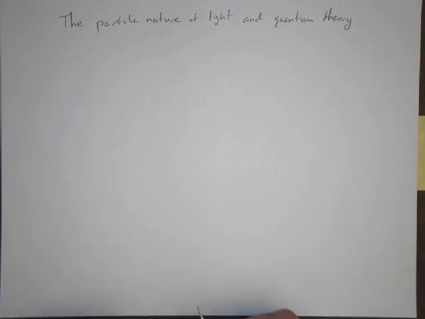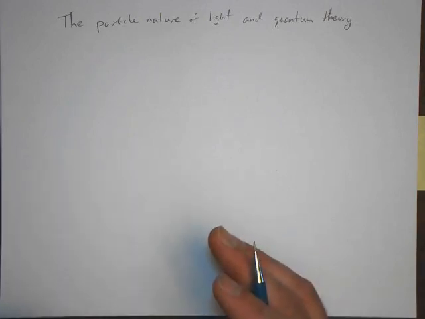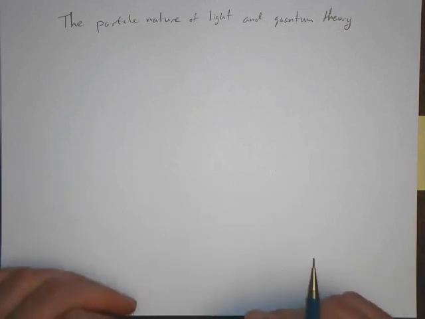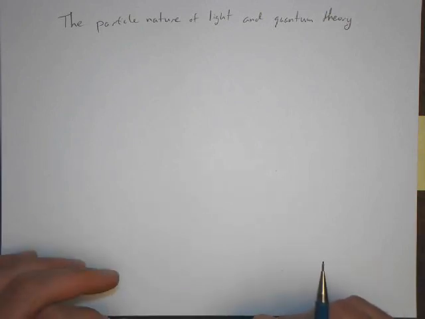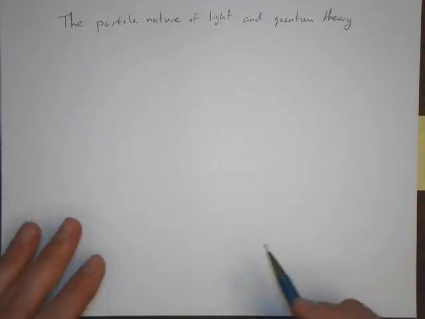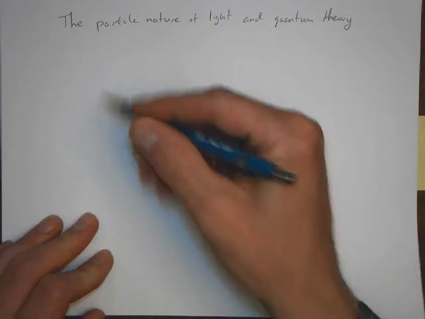And a number of researchers, including Max Planck and Albert Einstein, said we can explain some of this by saying that light can also act as a particle and not just a wave.